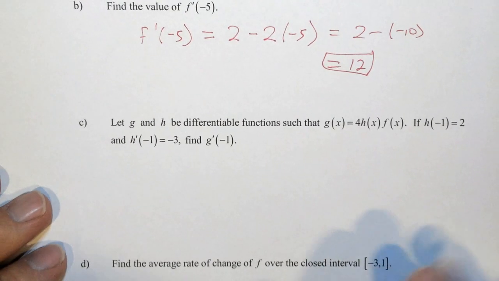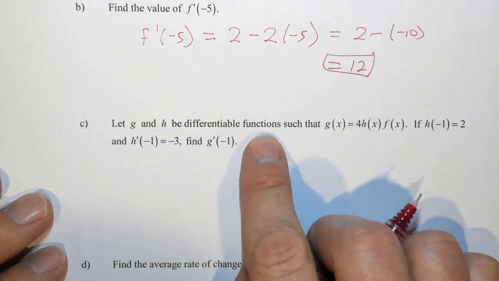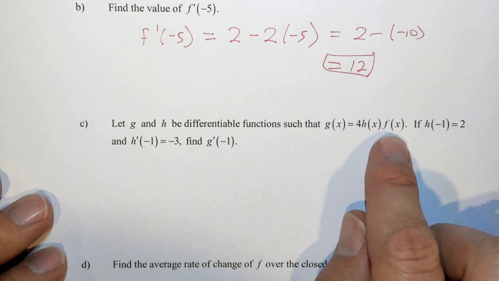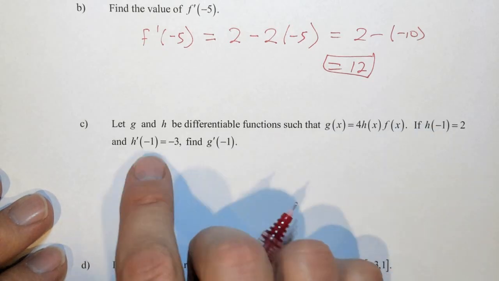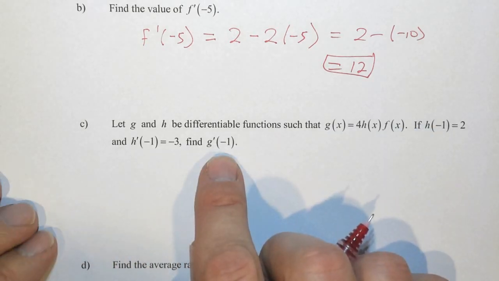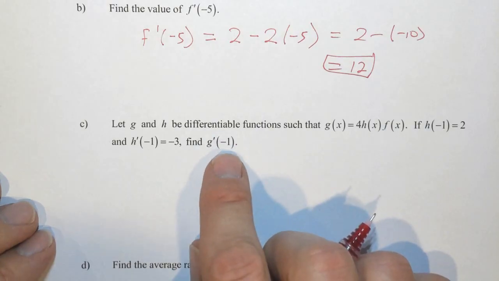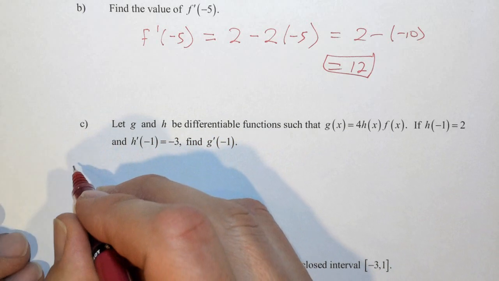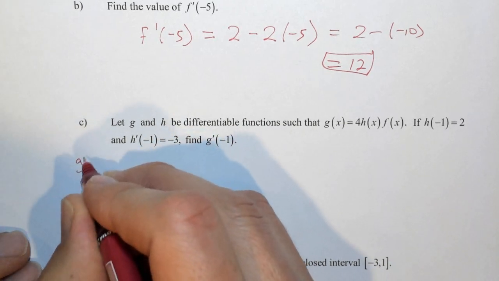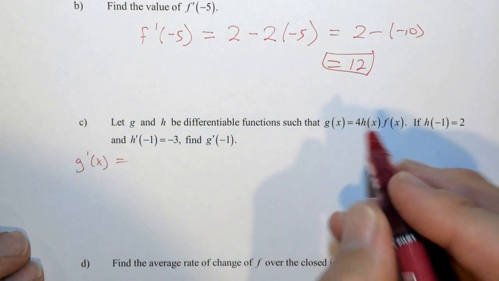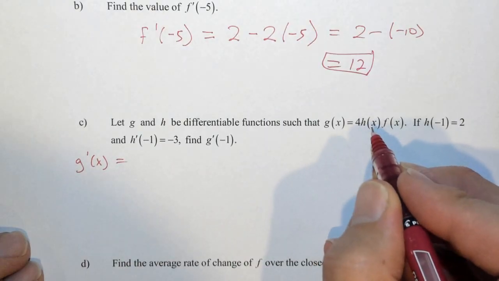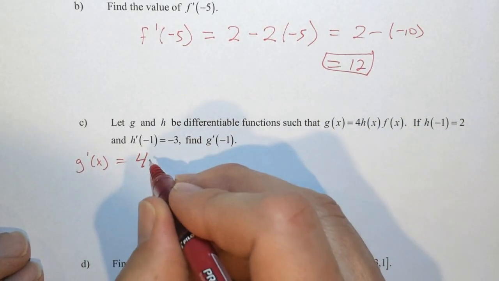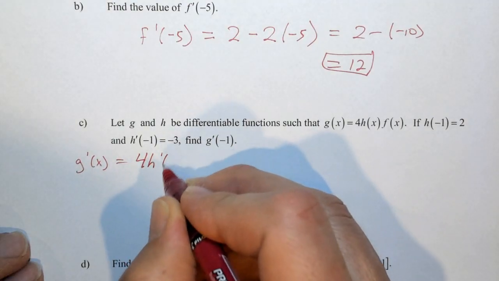Part C. Let g and h be differentiable functions such that g is 4 times h times f. And then we see values of h and h prime, and we need to find g prime at negative 1. Well, if this is g and we need g prime, that means we need to use the product rule. So we have 4h(x). We're going to derive that. 4 is a coefficient, so it stays. H derives to h prime of x.